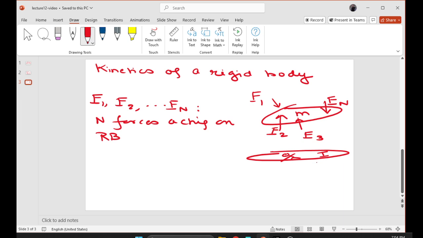So in the next 20 minutes or so, I am going to define some new quantities, and those new quantities will form the basis for us to finally write a relationship between these external forces acting on the rigid body and the consequent motion of the rigid body.